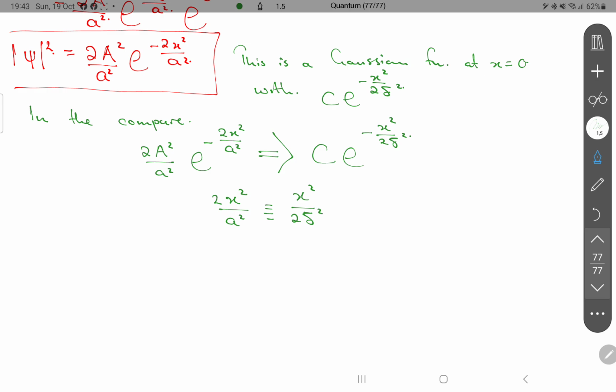We can solve for sigma x. This will cancel and become a 4, and this will go up. So sigma squared of x equals a squared over 4.